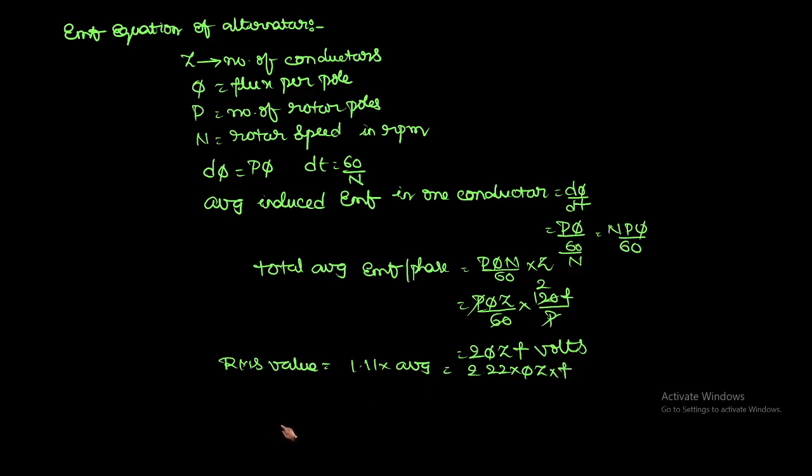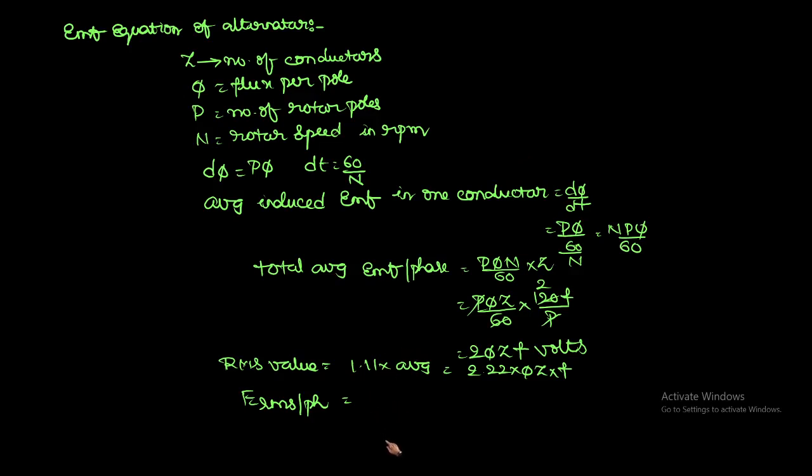Next, here you can observe the ERMS per phase. Here we have taken one coil. For per phase we have 2 turns, so you multiply by 2.